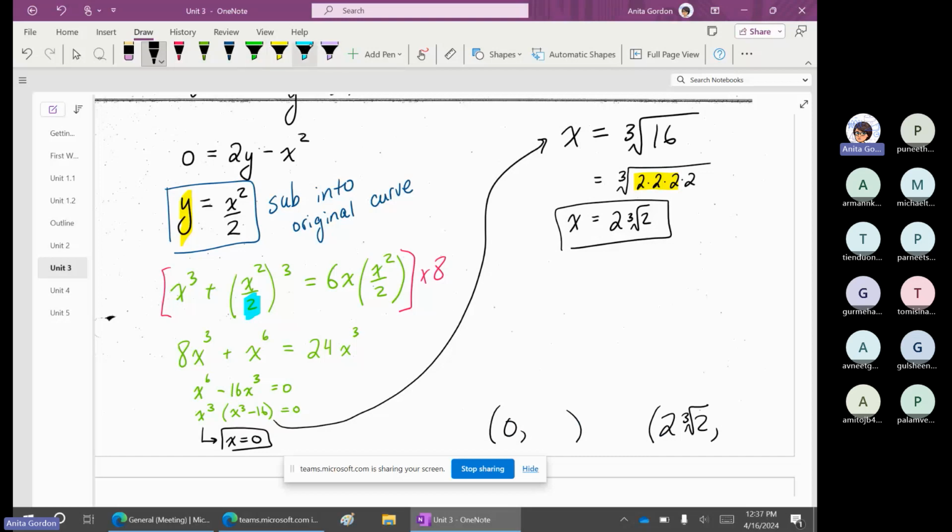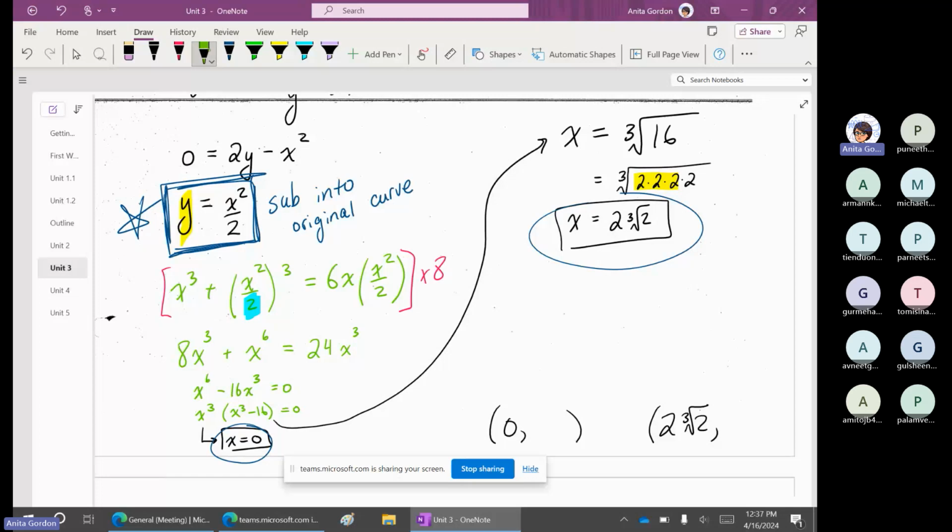Yes, we are going to take this box that we substituted and use it. I heard a wait what? Do I need to pause? We know our x values, 0 and 2 cube root 2. I know that y equals x squared over 2.